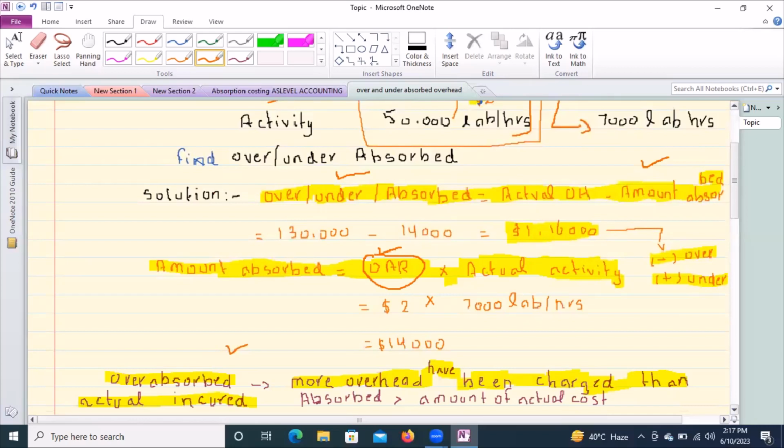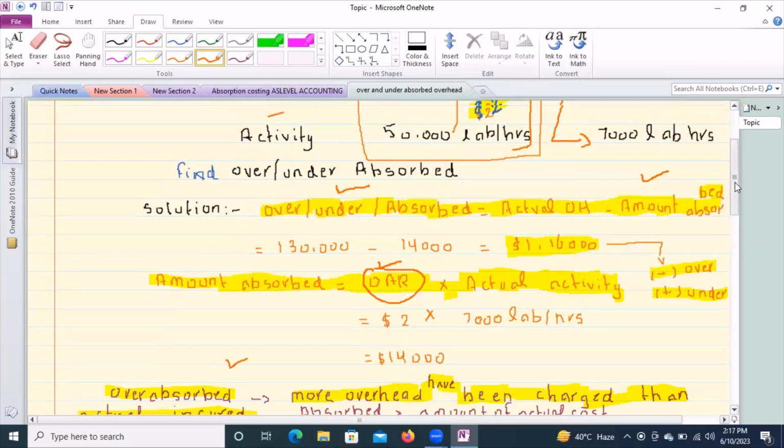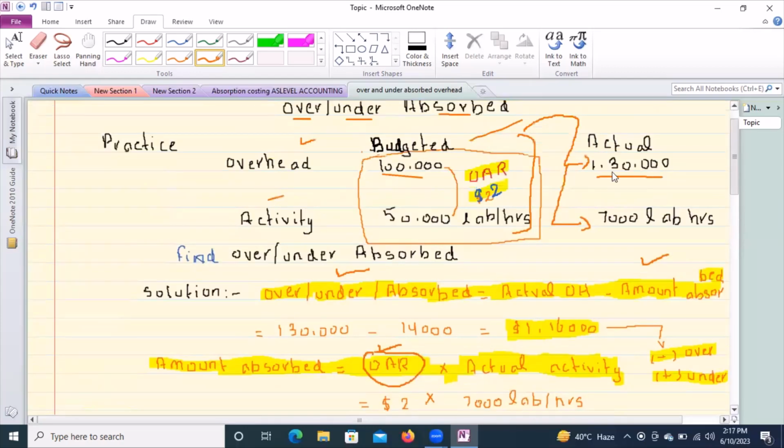So first of all, you have to calculate your OAR. Maybe you remember the formula of OAR: budgeted production overheads divided by the budgeted activity level. So we have to divide this overhead by this activity level. We get to know that our OAR is basically $2.